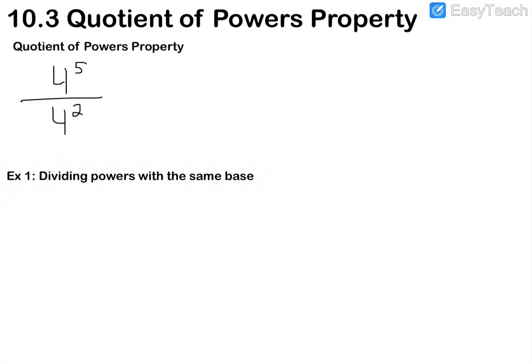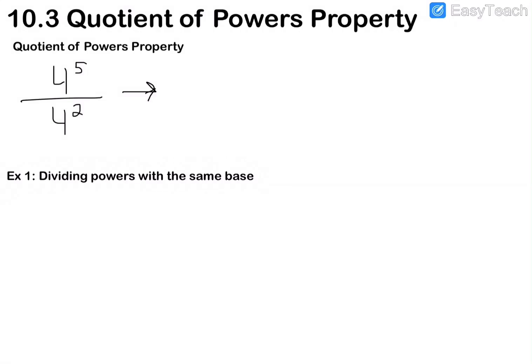When you are dividing powers or exponents that have the same base, you subtract the exponents. If you recall, when we were multiplying powers with the same base, we added the exponents. If we are dividing powers with the same base, we are subtracting the exponents. So it no longer looks like a fraction.